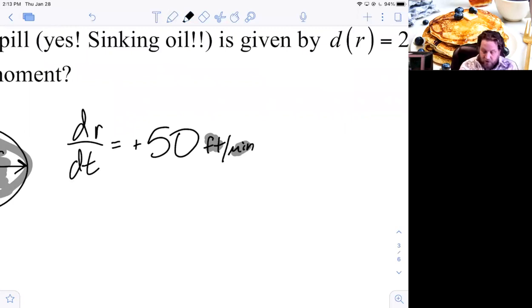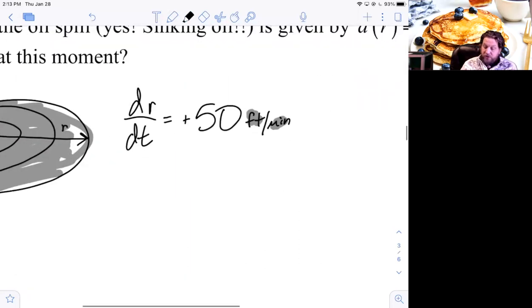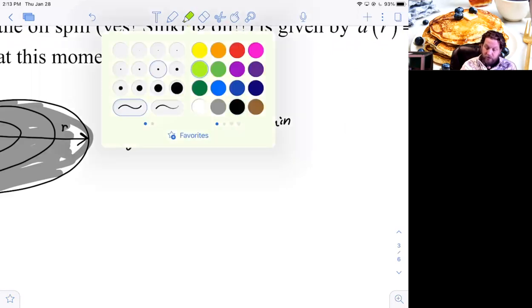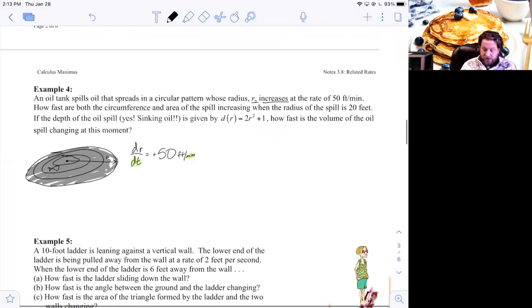I'm talking about feet and I'm talking about time in minutes. And by the way, you know it's dt in this case. That comes up later on. How do we know it's a related rate problem with respect to time? It's because it's feet per minute, not feet per foot or something like that. Okay, so there's that rate labeled.